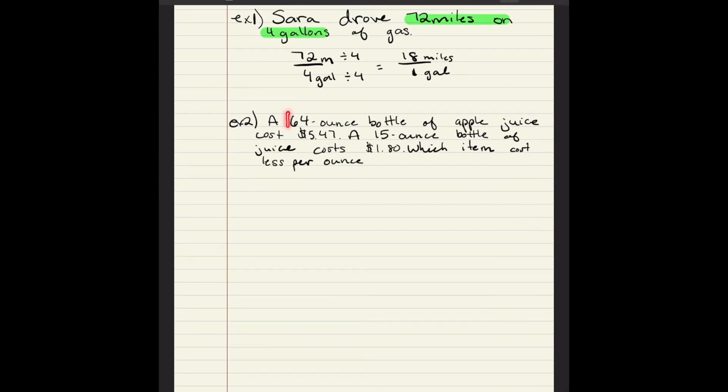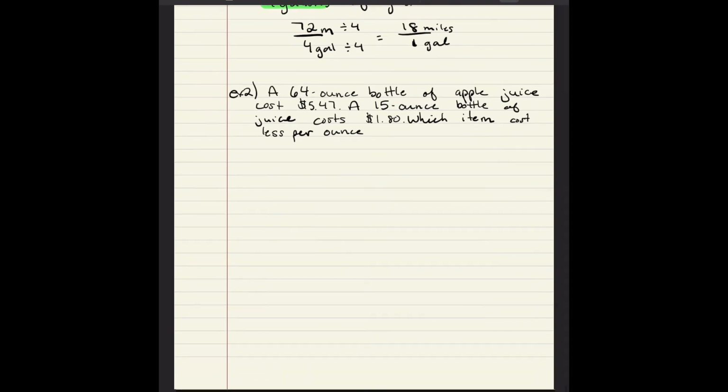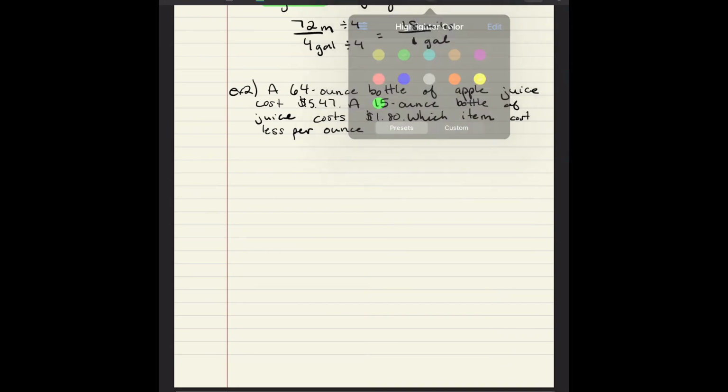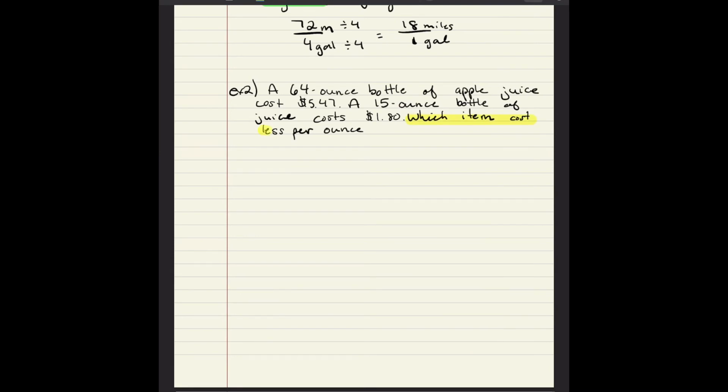So you would think, 64 is the bigger number, so it should go 64 over 5.76. But it's not. You need to focus on what the question is asking you.